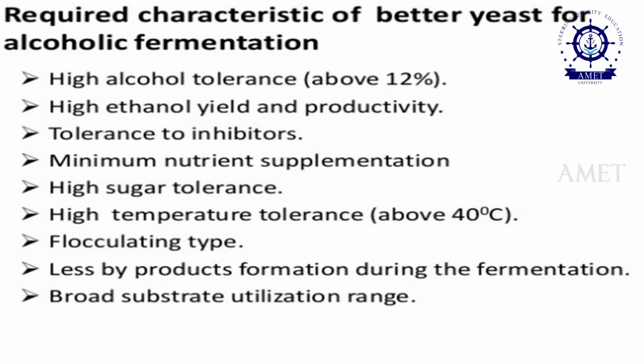The next slide: there are nine characteristics of a better yeast for alcoholic fermentation. The first one, the yeast should have high alcohol tolerance, above 12%. The second, high ethanol yield and productivity. Third, it should be tolerant to inhibitors. Fourth, it should need minimum nutrition supplementation.